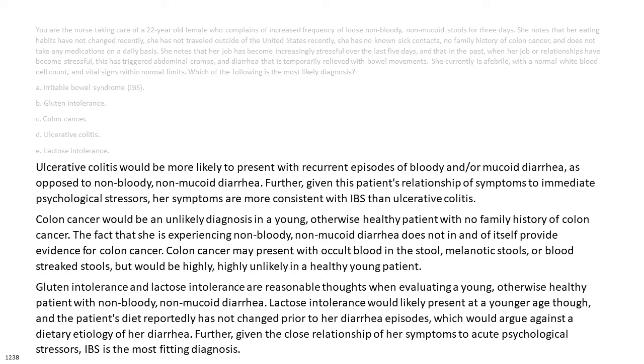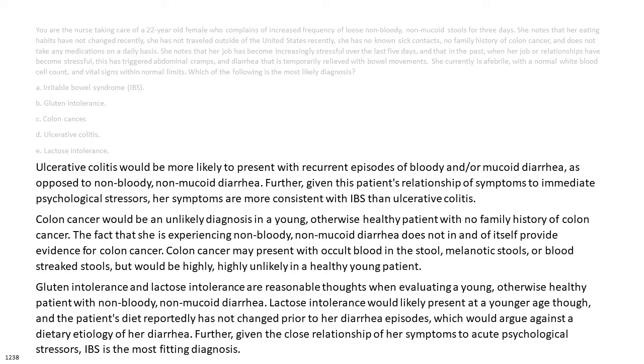Colon cancer would be an unlikely diagnosis in a young, otherwise healthy patient with no family history of colon cancer. The fact that she is experiencing non-bloody, non-mucoid diarrhea does not in and of itself provide evidence for colon cancer. Colon cancer may present with occult blood in the stool, melanotic stools, or blood-streaked stools, but would be highly unlikely in a healthy young patient.